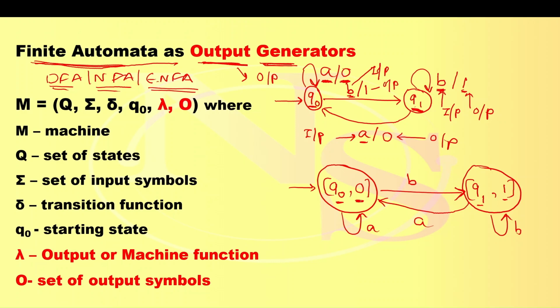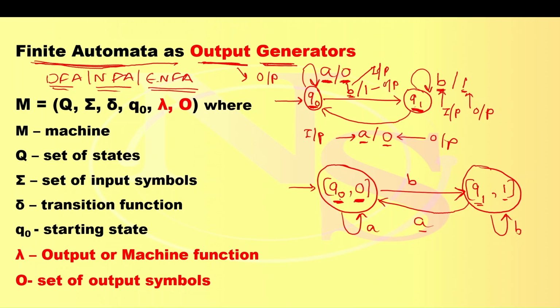That's the only change. If we read it clearly, Q0 reading A giving output 0 goes to state Q0 itself. So all the transitions coming to Q0 will give the output 0. For example, Q1 reading A going to Q0, the output is 0. So there are two variations: output associated with input, and output associated with state.